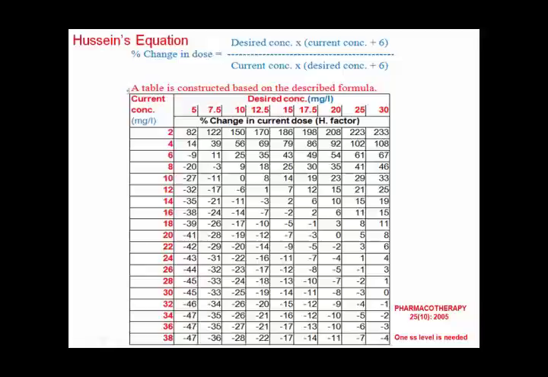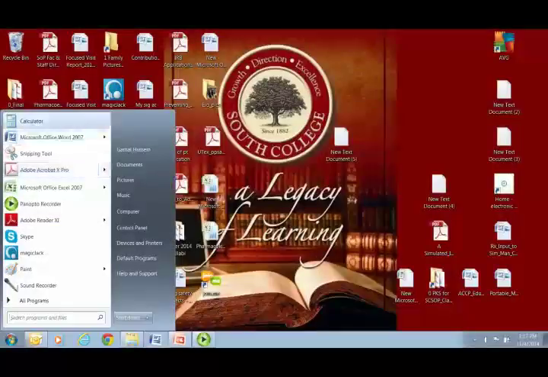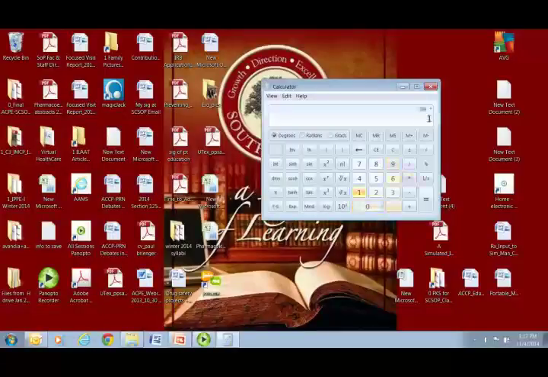So what's 16% of the current dose of 390? I will just multiply here using this calculator. 390 times 0.16.